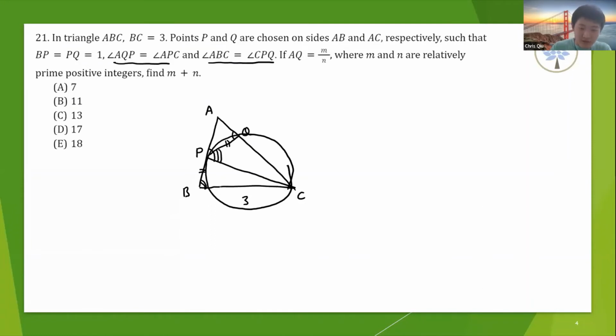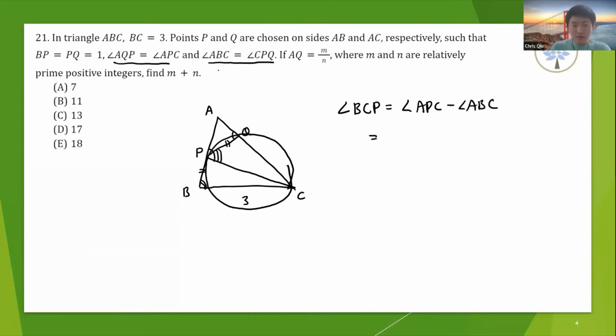And now let's look at something else. So let's look at these angles BCP and ACP. Angle BCP is equal to angle APC minus angle ABC.